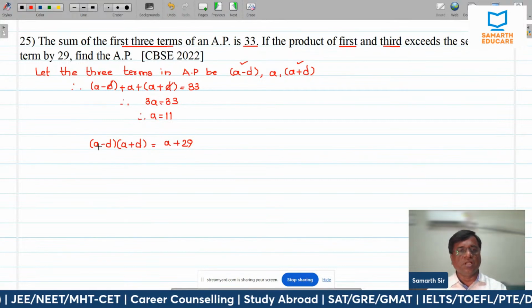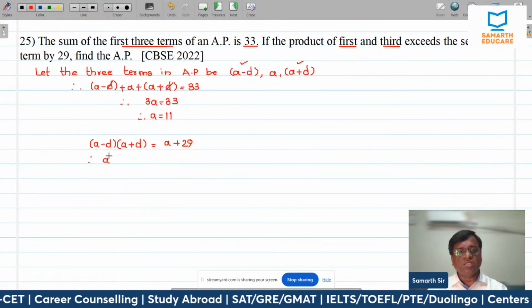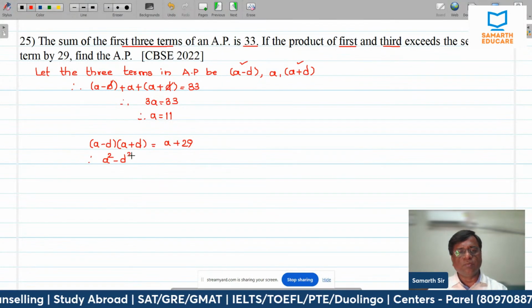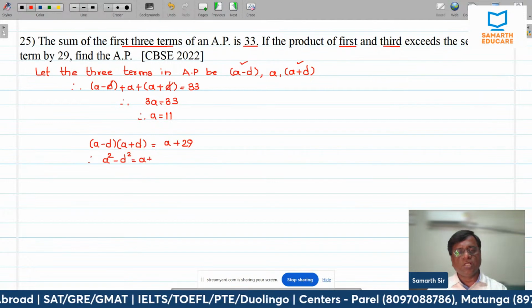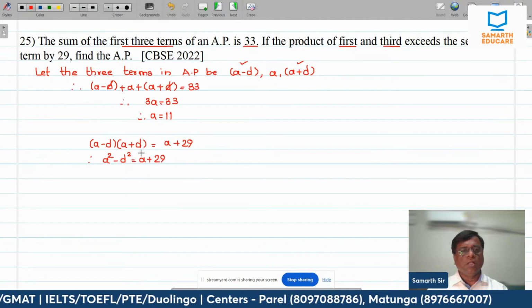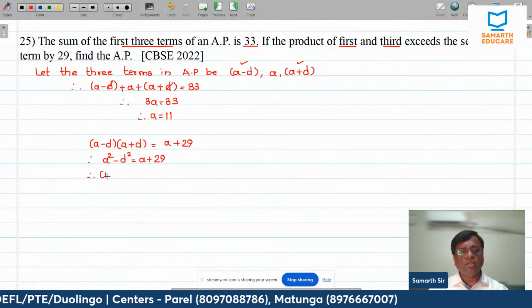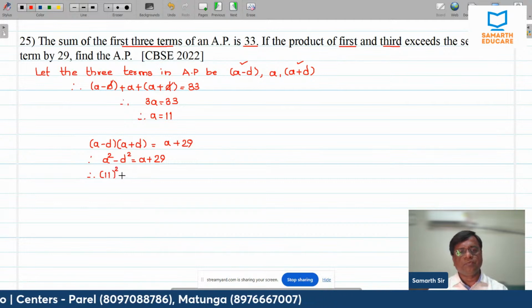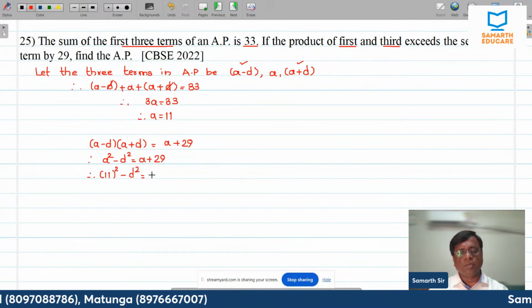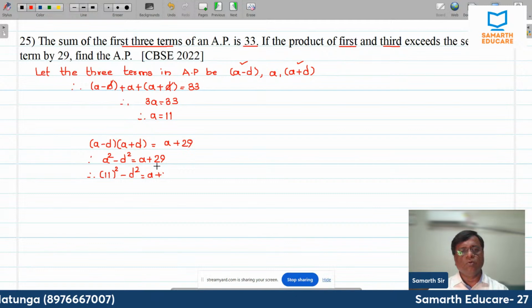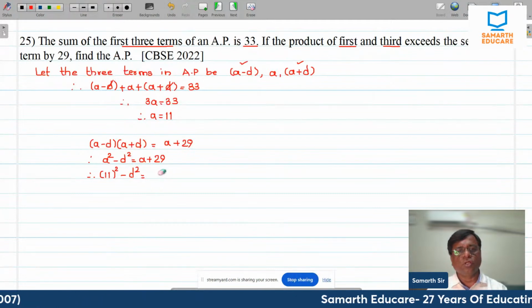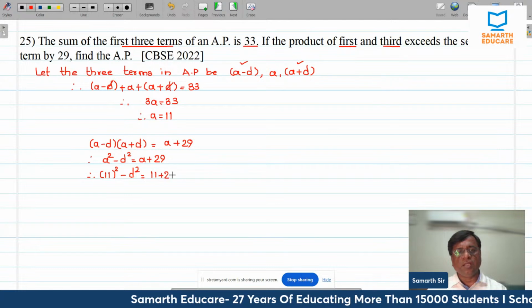Similar question is there. Now here again, a square minus d square is equal to a plus 29. Now what is a? a is 11, square minus d square is equal to a plus, I'm so sorry, this is 11 plus 29.